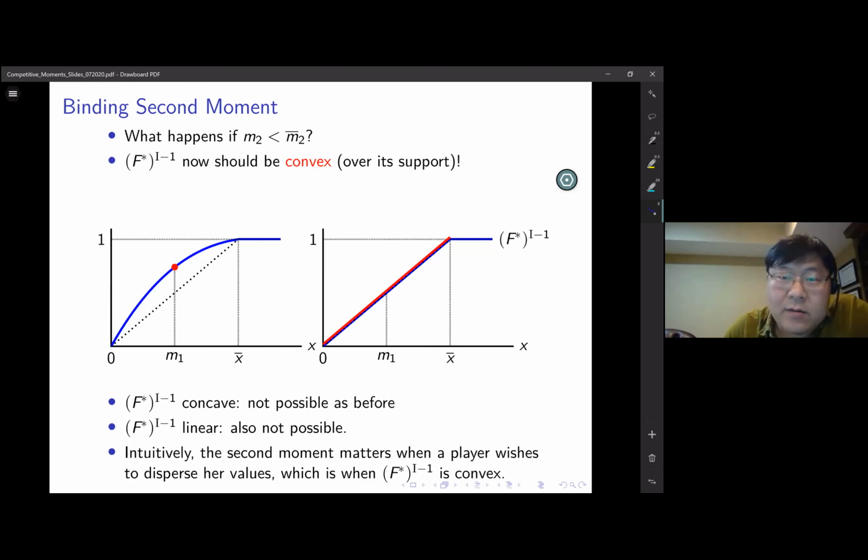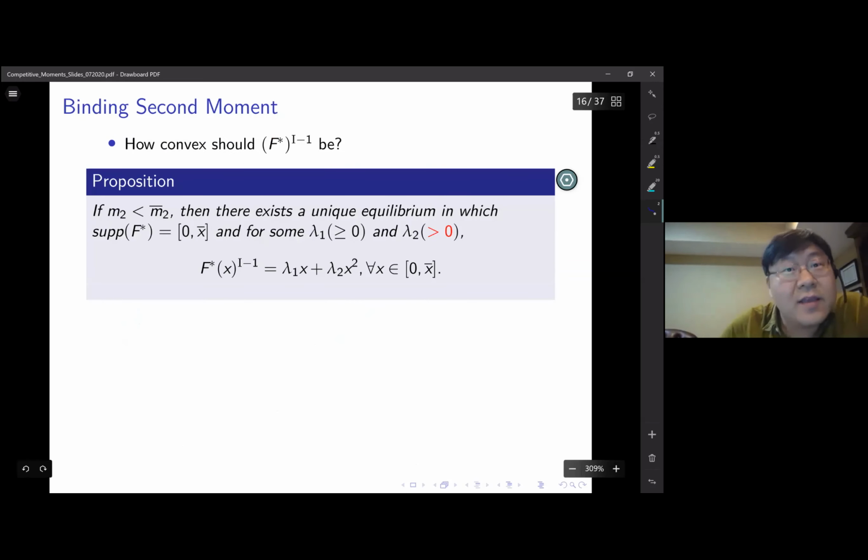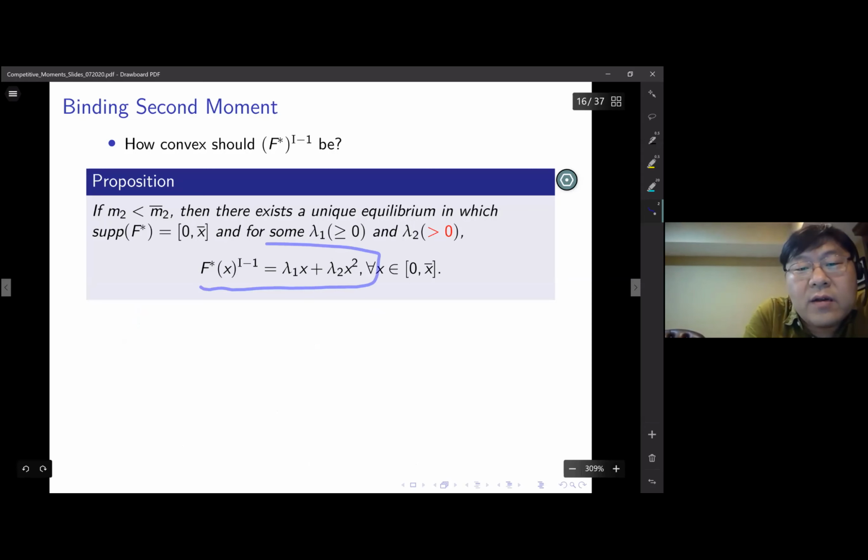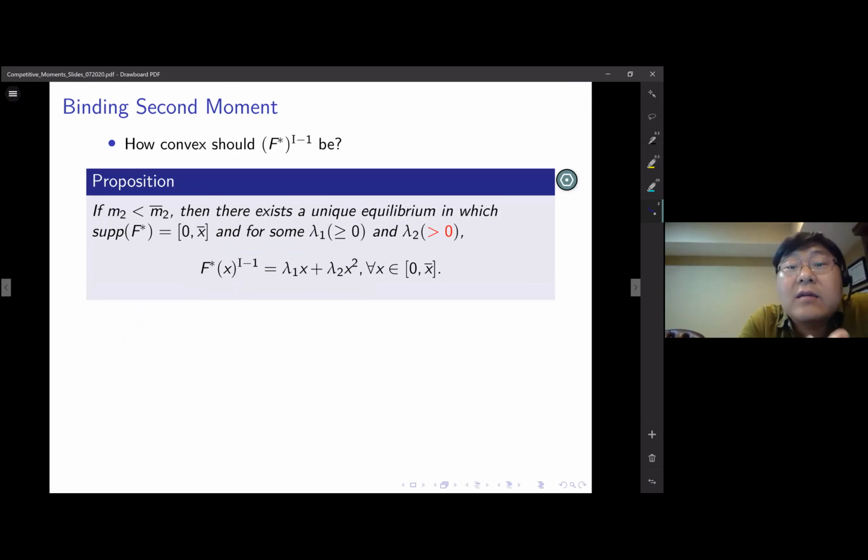As Yanku said, the question is how much convexity we need, and this proposition shows that it is exactly up to the point where this f star to the I minus 1, the value function, can be expressed as a quadratic function of x.